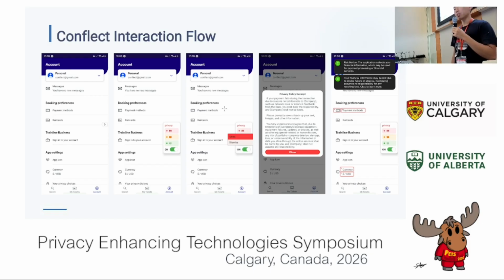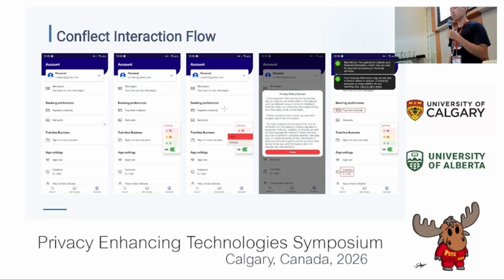So by default, in the left graph, ConFlict would act as a contextual hint at the side of the screen. When privacy risks emerge, it hints users about the privacy risks of different types, such as financial risks and communication contact numbers.